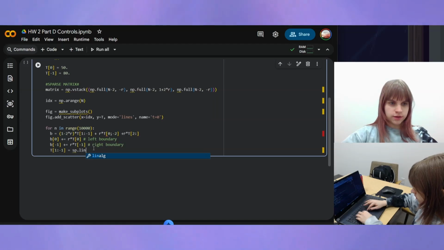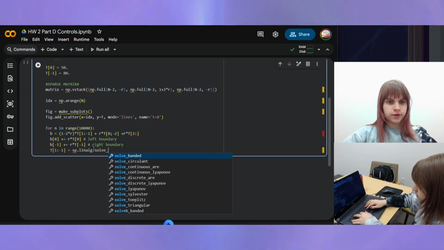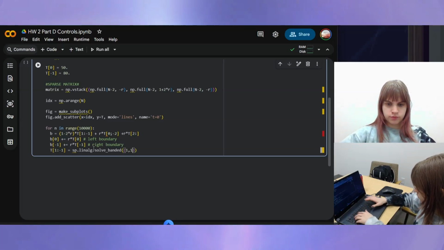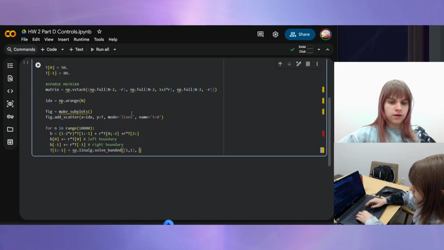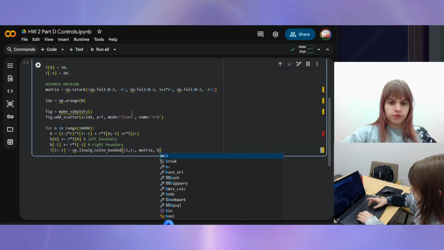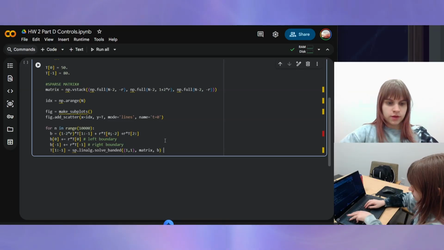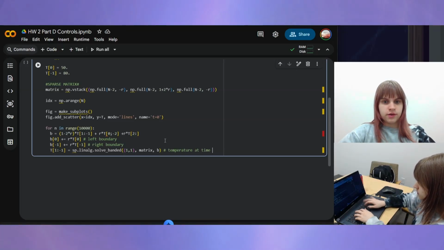Okay, linear algebra dot solve banded. And then we're using the first matrix that we had, and also matrix B, we just left that as B. This is the temperature at time n plus 1.